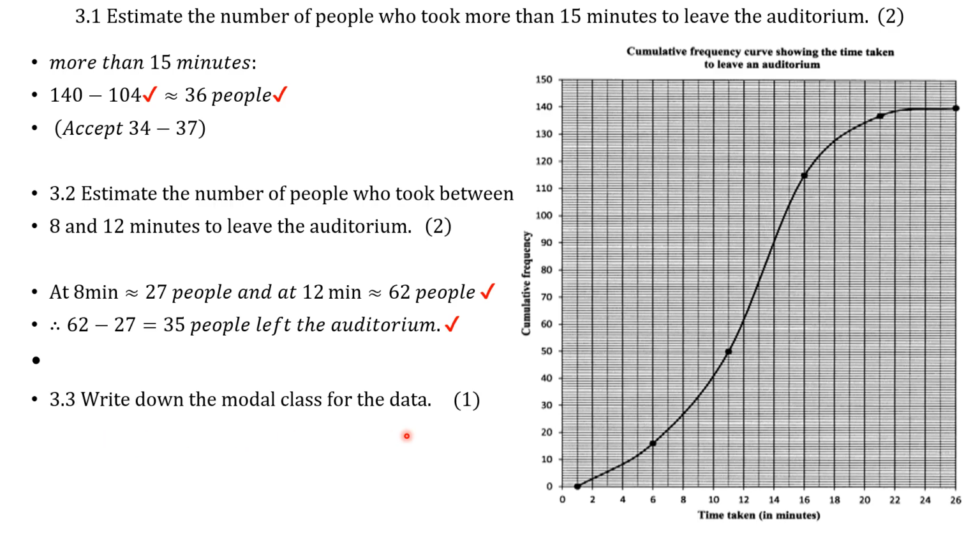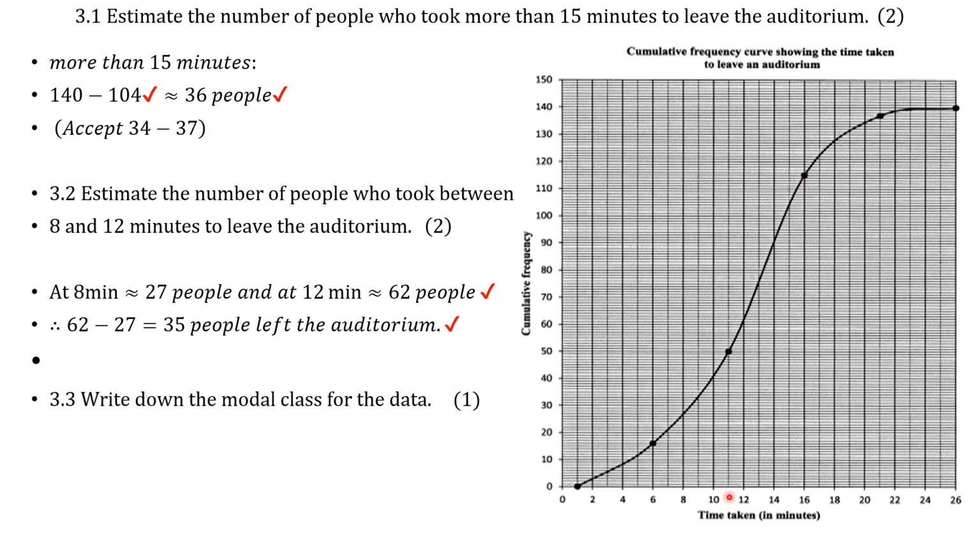Right, write down the modal class. So we look here for 6, and there if I subtract that 2, it is, say, about 15. If I go from 6 there to that dot there, and I subtract the 2 values, but if I look at these two, they look by far the furthest away from each other.